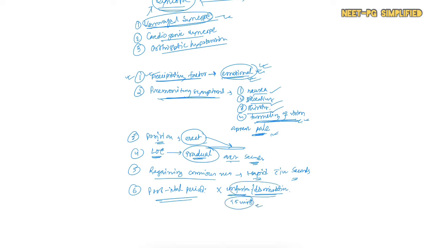Number 7, tonic-clonic movements may be present, but usually last for less than 15 seconds.